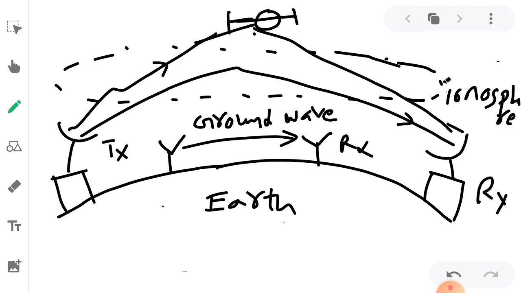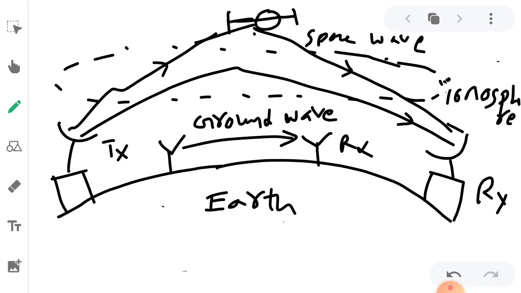This type of communication is space wave propagation. The distance covered by sky wave propagation is very long, covering thousands of kilometers. These are the three modes of wave propagation which we can have.